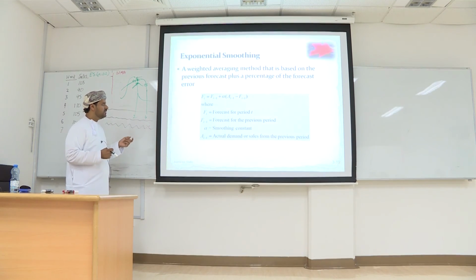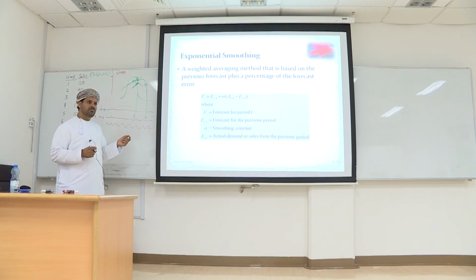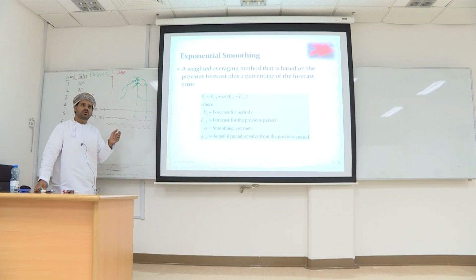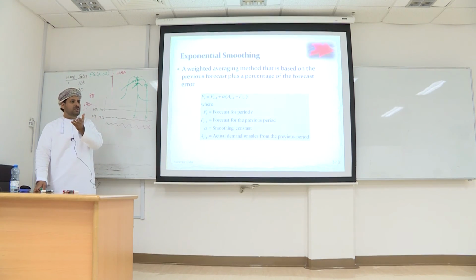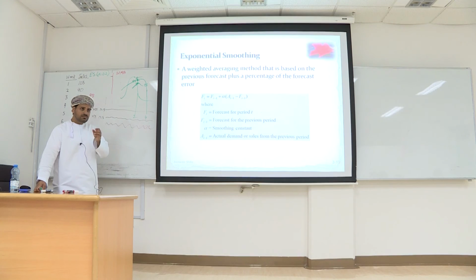Okay, the selection of alpha is a bit arbitrary, but one way to select alpha, which could also be applied to the weighted moving average, is that you take a small alpha like 0.2, a medium alpha like 0.5, a large alpha like 0.9, and you apply each one to exponential smoothing. You calculate MAD, for example, and you select the best one that fits your data.